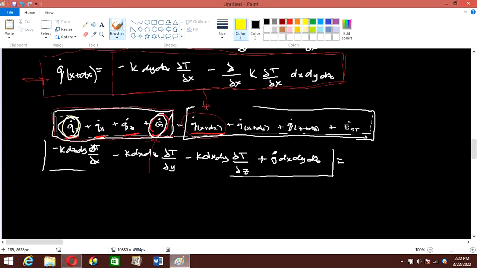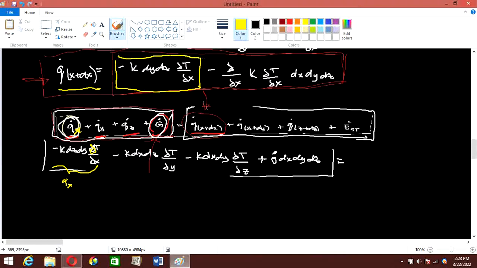So our q of x is this part, right? And if you notice this part here, we have a negative k dz dy partial derivative of t with respect to x, and we have a similar term here in our expression of the q x plus dx, right?